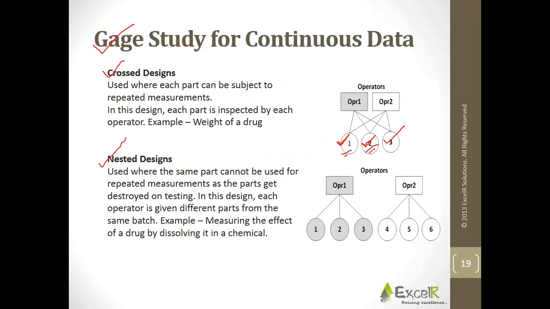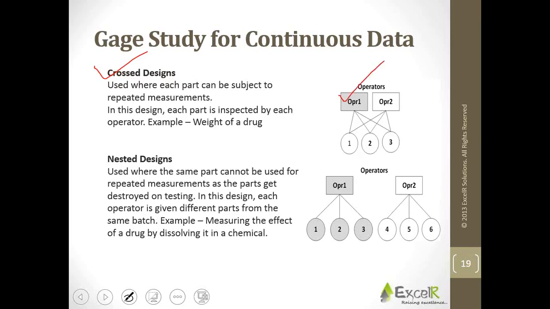You can take 2 as car doors, 3 as the brakes of the car. Yeah, just assume these are the 3 parts. This is used when each part is subject to repeated measurements. Each part is repeatedly measured. Each part is inspected by each operator.